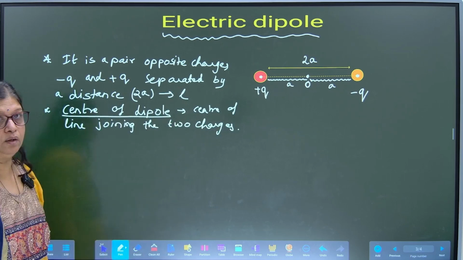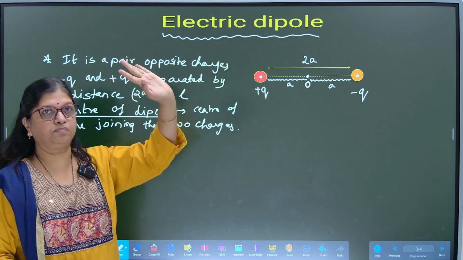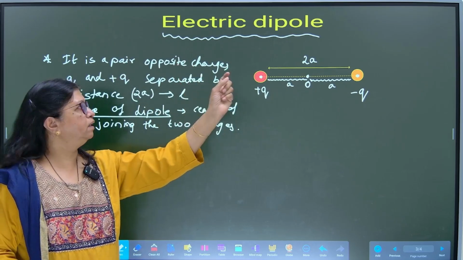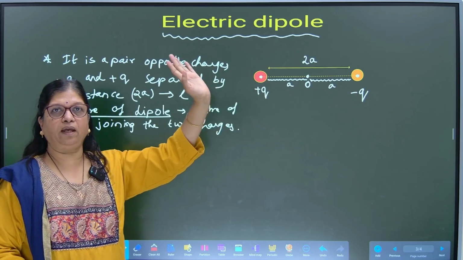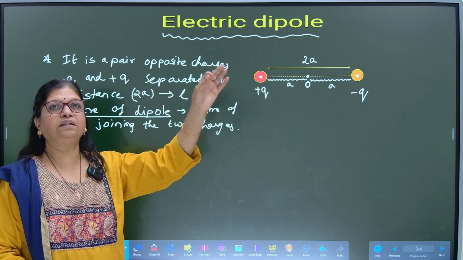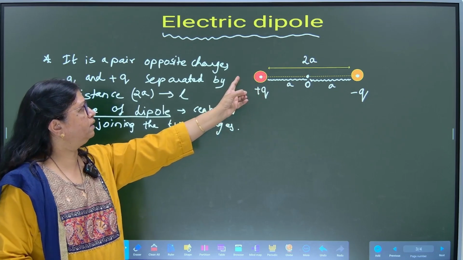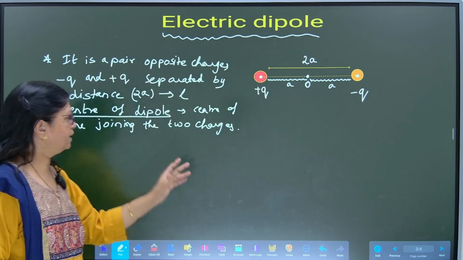Now I am just giving you the features of an electric dipole. It is a combination of two opposite charges separated by a distance 2a. The center of 2a, that is a, is the center of the dipole. That is, the distance from the center to the charge plus q or minus q is a.